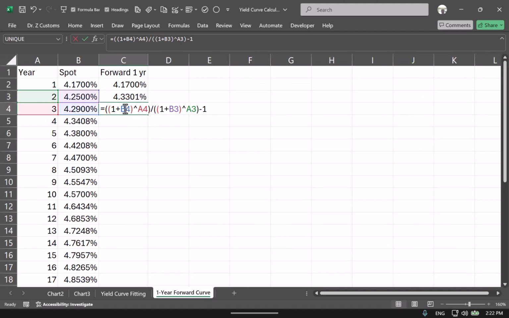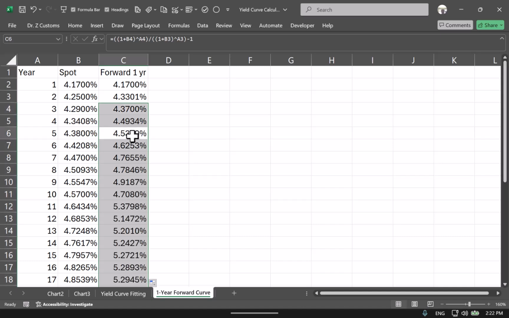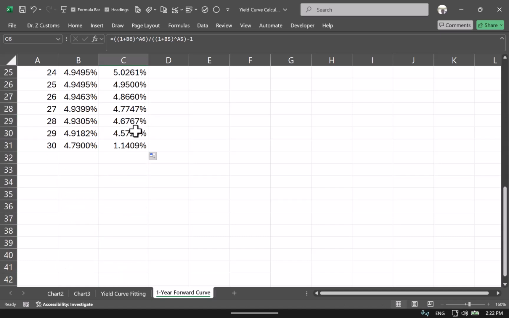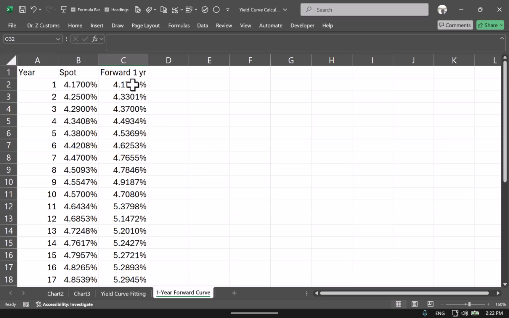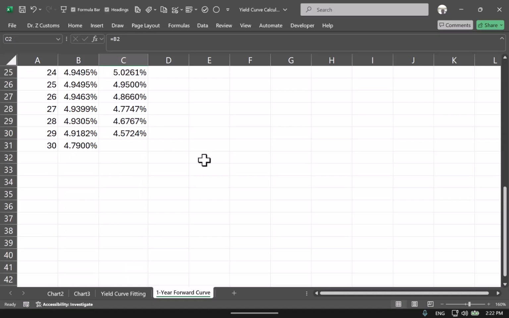As you can see, the references keep shifting. It's my forward rates, 1 year forward rates. Of course, this doesn't apply. Or, yeah, you can actually shift this whole thing. No, leave it at that.